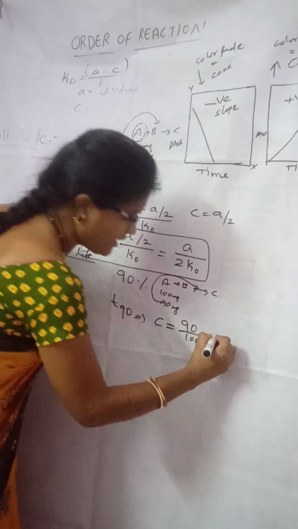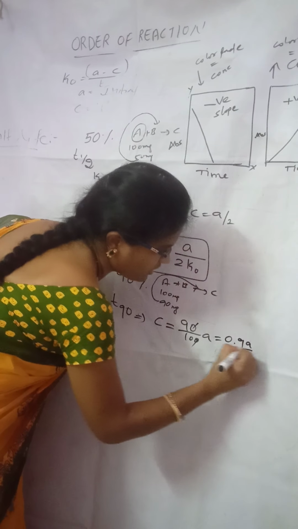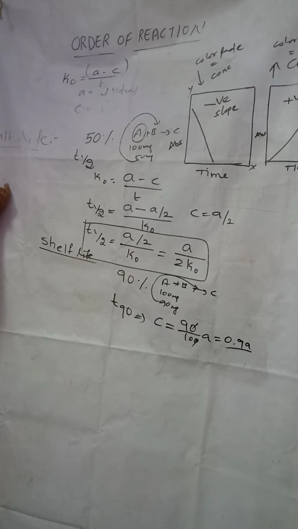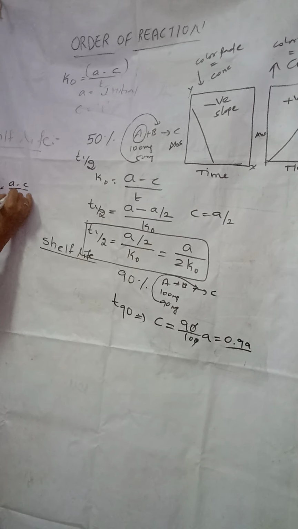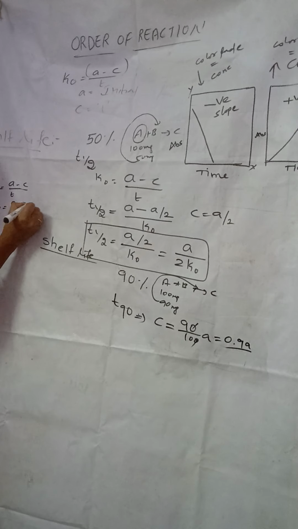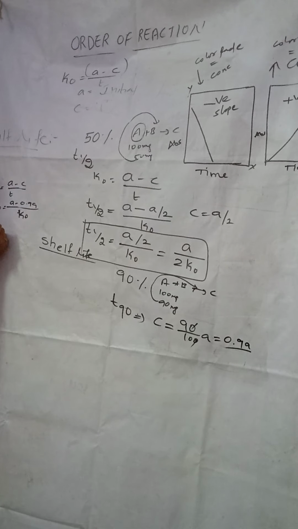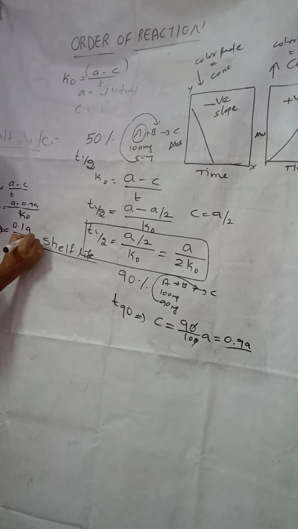Before going to the equation, in place of C you have to substitute 90%, which is 90 by 100 of A, because A is the initial concentration and 90% of the initial concentration should be utilized. So it can be written as 9 by 10, that is 0.9. So what is our initial equation? K naught is equal to (A minus C) by T. So T90 is equal to (A minus 0.9A) by K naught. 1 minus 0.9 gives 0.1A by K naught.